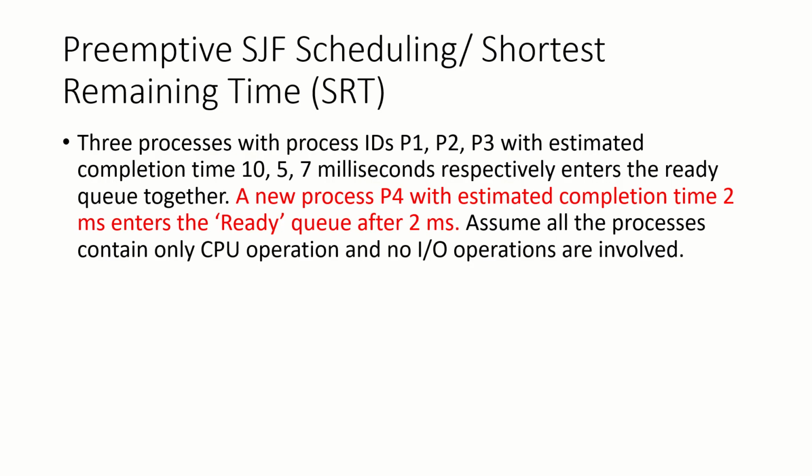Now we will understand it very well when we solve the problem. I'm focusing only on the problem, so I'm telling only the theory that is required for you to solve it. Now, preemptive SJF scheduling. First step, write the data that is given. P1 10 milliseconds.